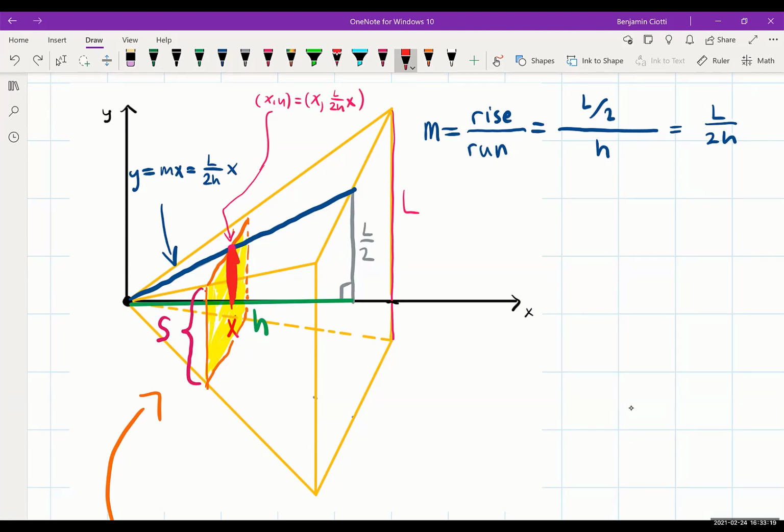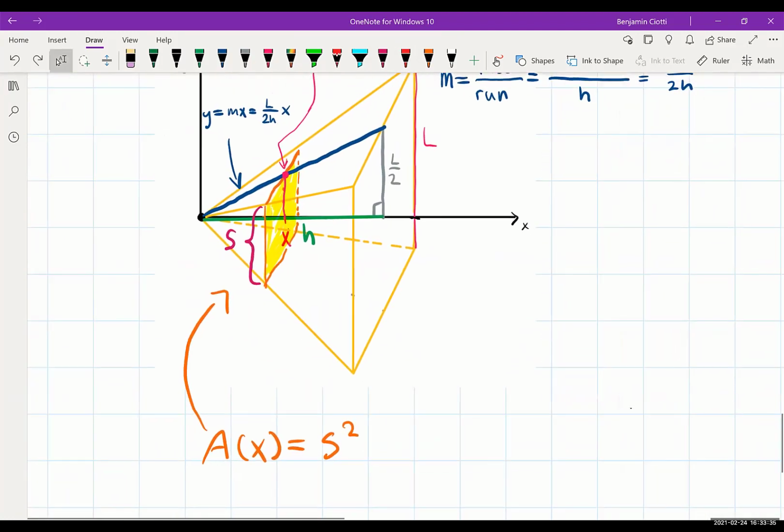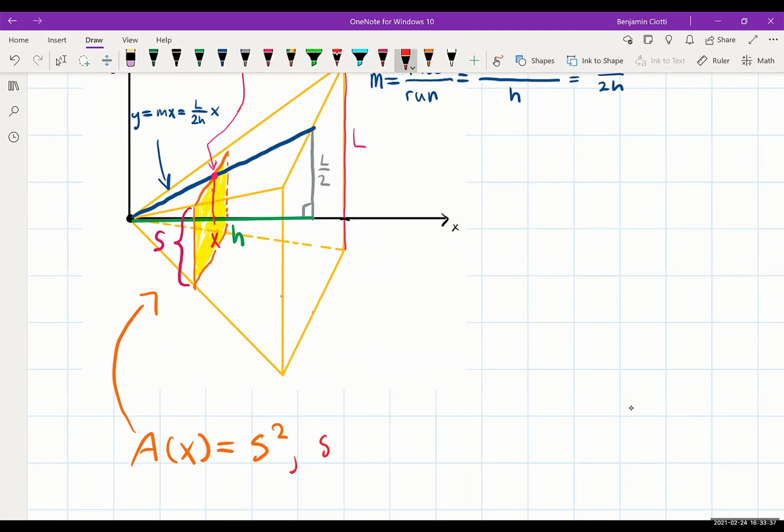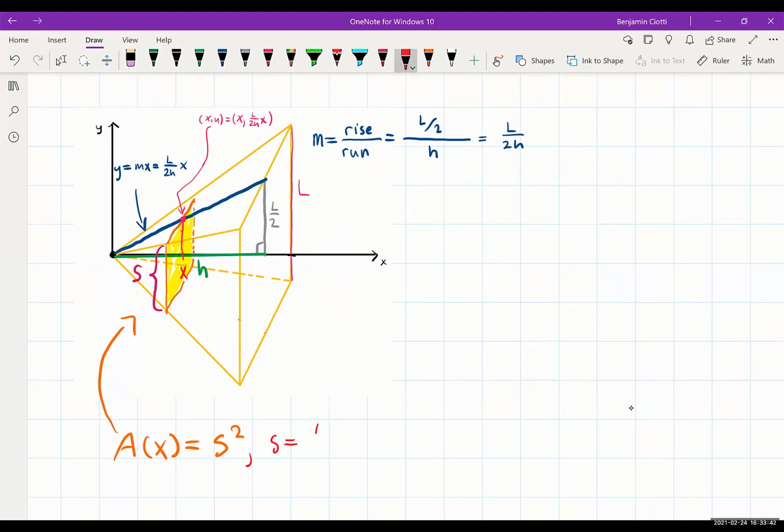So this red segment right here is half the length of the side of this square. So now that I know that S is L over 2h times x, I can get the area of the cross section in terms of x.